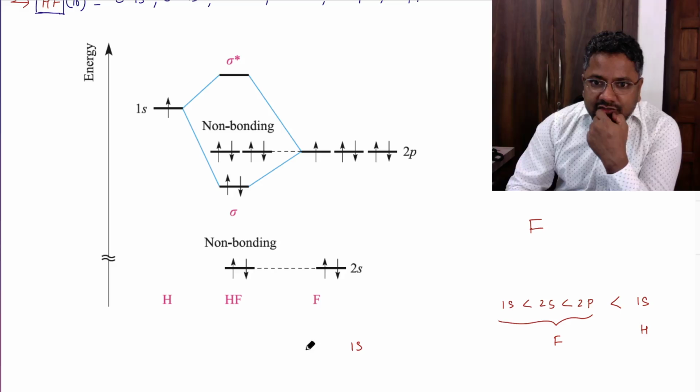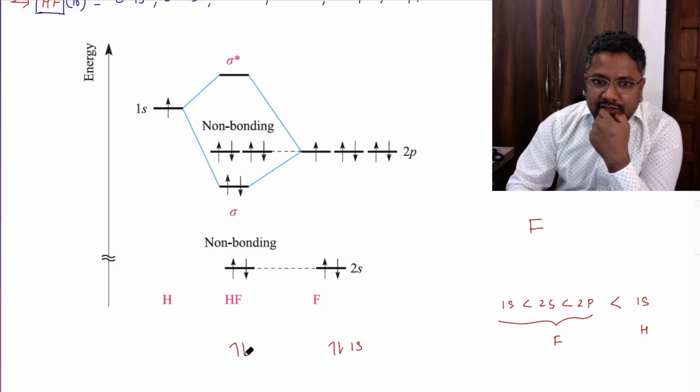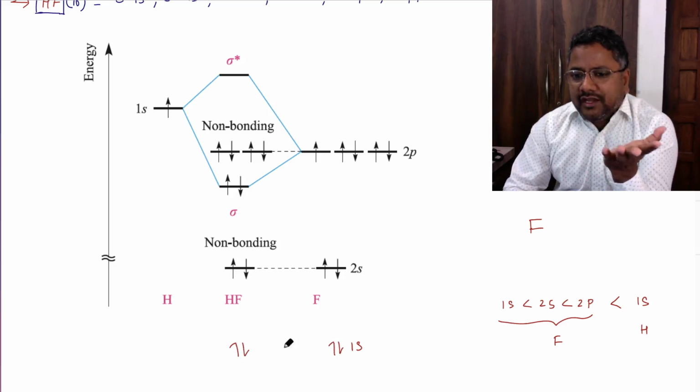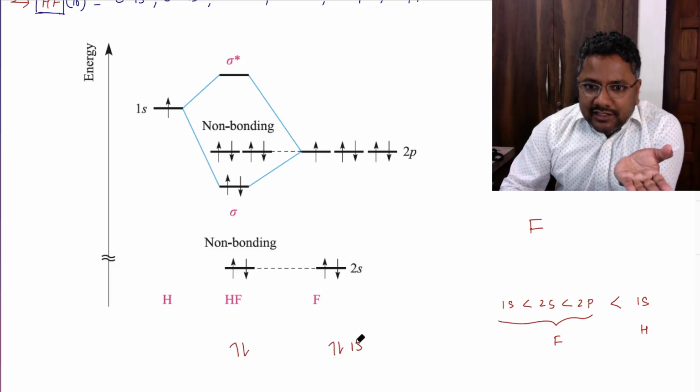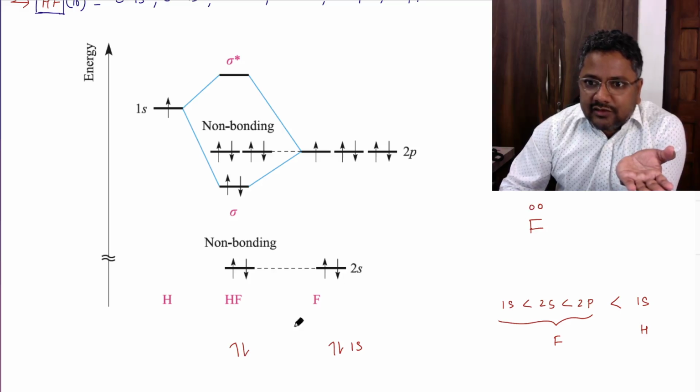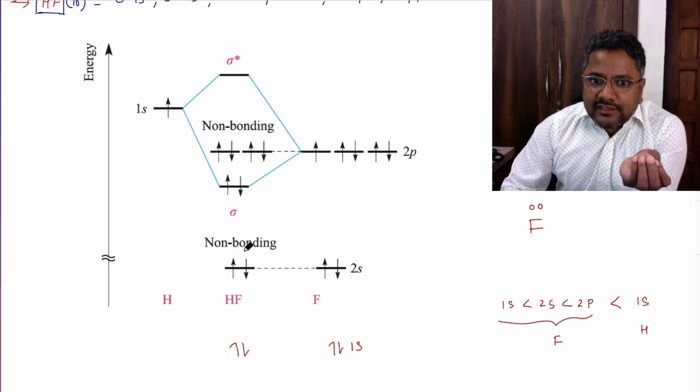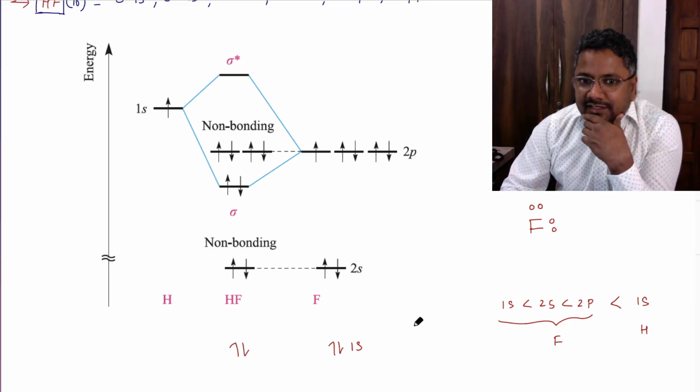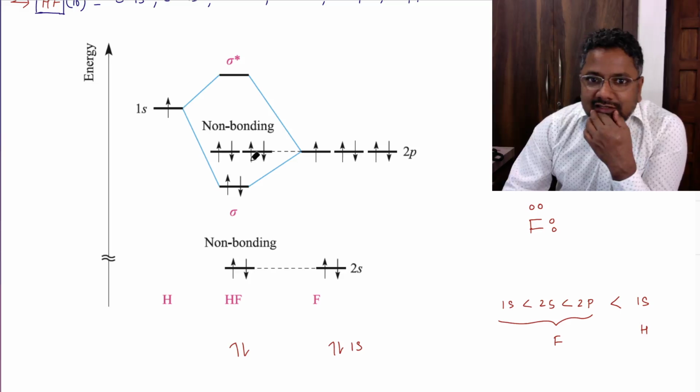So this also has two electrons, and this is also non-bonding, right? So these two electrons, if we show them like this, then the 2s electron is shown here. This is also a lone pair, right? And see here, these 2p orbitals, they are non-bonding, right?